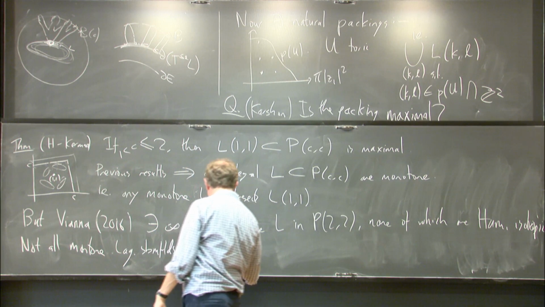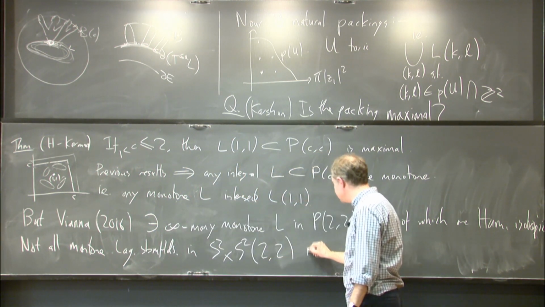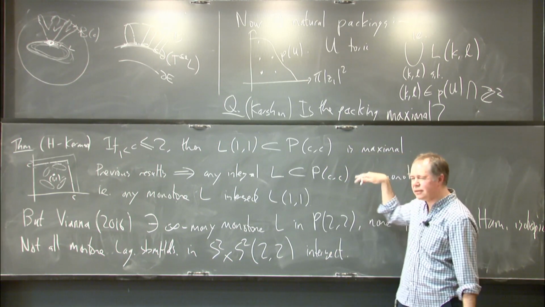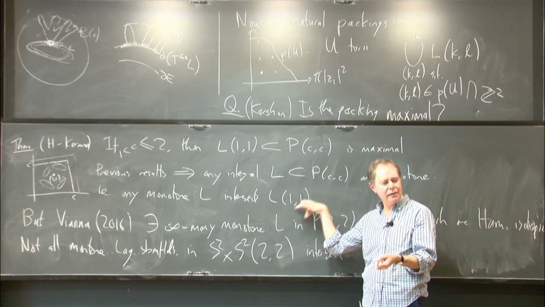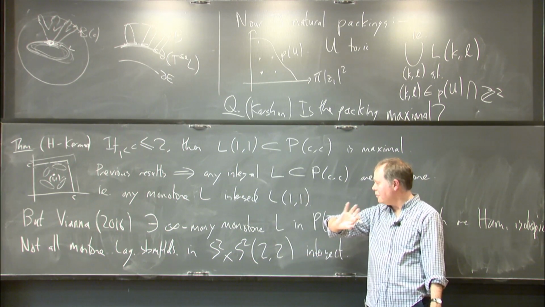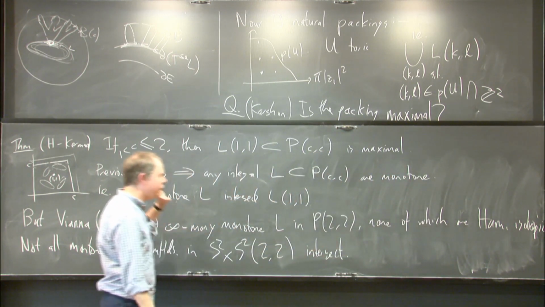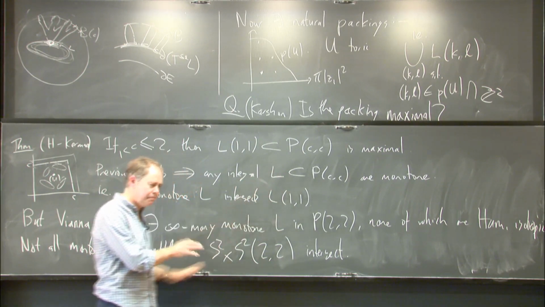Let's compactify here. S2 times S2, area class maybe 2, 2. So you can take the Chekhanov torus embedded in here, and you can make that disjoint from the anti-diagonal. So it's not true that monotone Lagrangian submanifolds intersect, but I'm saying any monotone Lagrangian torus intersects this guy. So that's what's going on here.